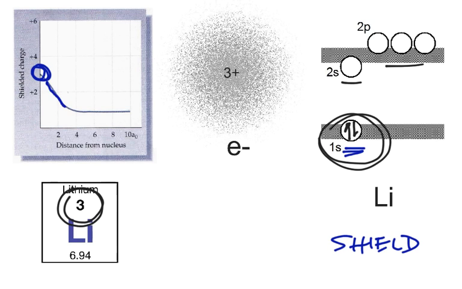Now by the time it gets any kind of distance away, it basically feels a +1 charge, because there are +3 protons in the nucleus and 2 negative electrons in the 1s orbital, so this outer electron is basically going to have an effective nuclear charge of 1.